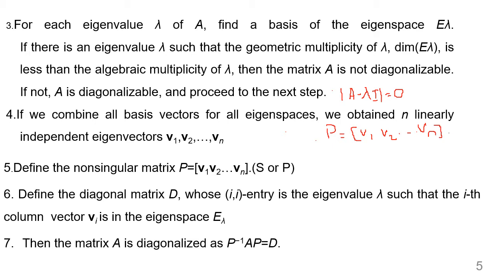Some books refer to it as S. Now, once we know P, we can always find the inverse of P. So, knowing P and P inverse, we can find the diagonalized matrix. We can diagonalize the given matrix using the formula B is equal to P inverse A P, or it is S inverse A S.